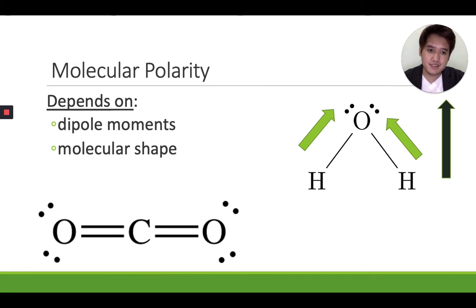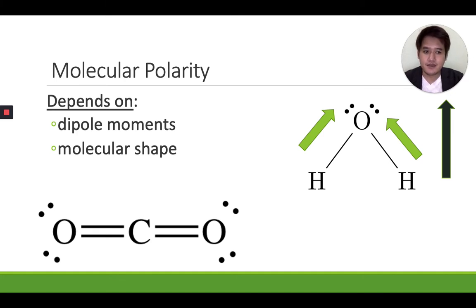That means there will be a partially negative part in the molecule, which is basically the oxygen atom, and there will be partially positive charges on this part of the water molecule, the hydrogens. So we have a net dipole, a negative end and a partially positive end. Therefore, the water molecule is polar.